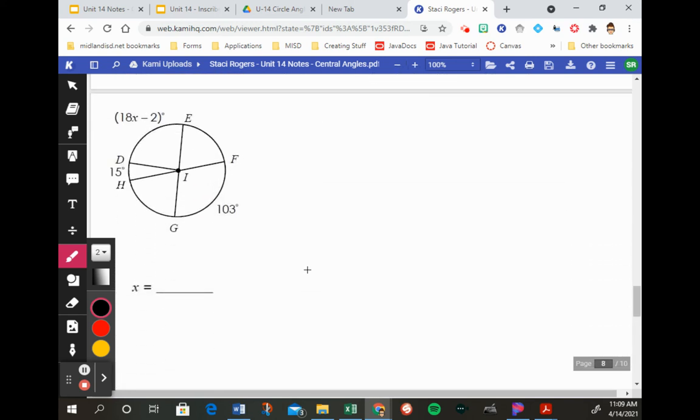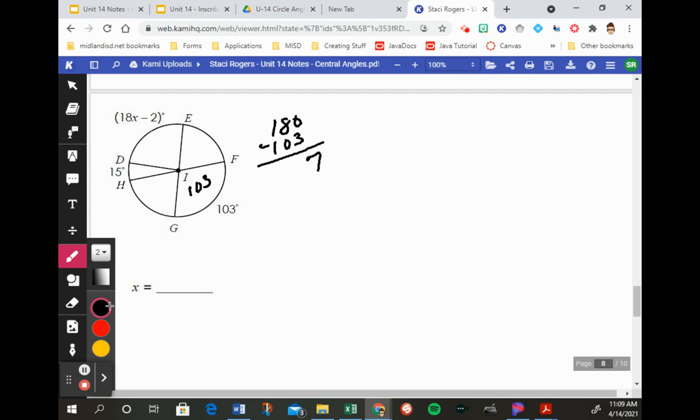Let's try another one. Let's see if we can get a little harder here. So we have 180. 103 is right here. So this one must be 180 minus 103.